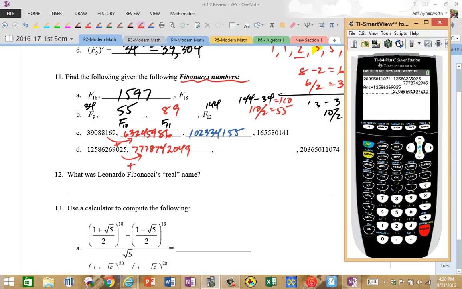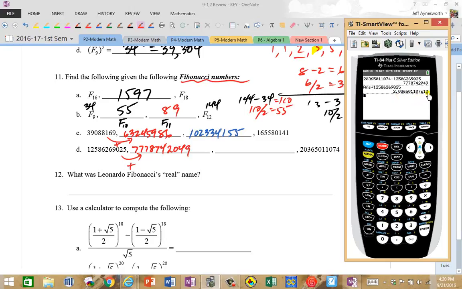Let's see here. Just seeing if I can change the mode to get more digits, because it's hard to see all these digits here.